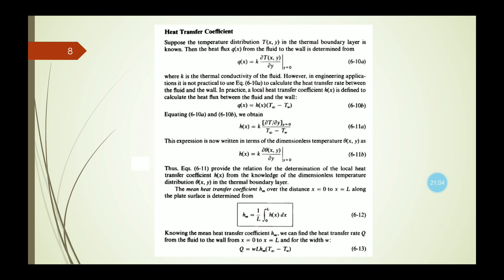So this is the formula for the average heat transfer coefficient over the distance x equals to 0 to L. Now the heat transfer rate Q from the fluid to the wall from x equals to 0 to L, for the width W, can be written as Q equals to W L hm multiplied by (T infinity minus Tw). So this is the final equation for the heat transfer rate using the mean heat transfer coefficient over the distance x equals to 0 to L.